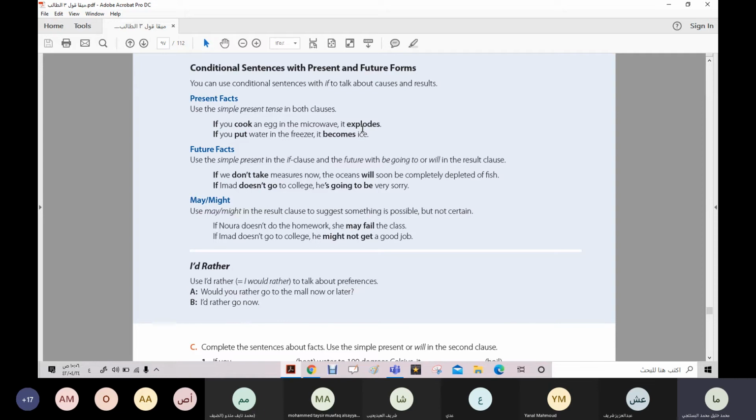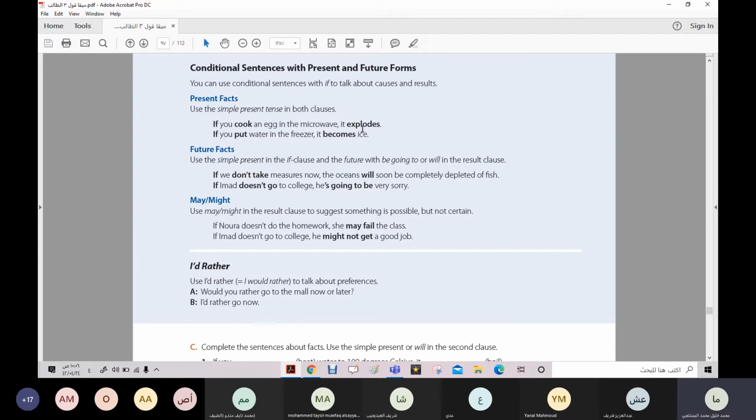Here we use will because we are not sure. Maybe it will be depleted of fish or not. If Imad doesn't go to college, he's going to be very sorry. Maybe he will not be sorry. This is not a fact that always happens.